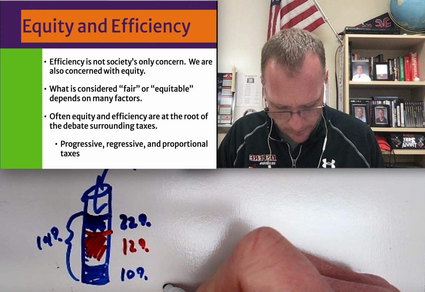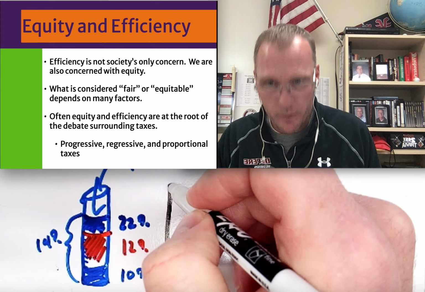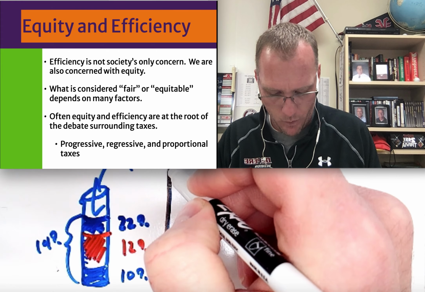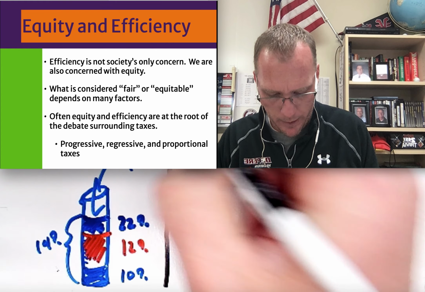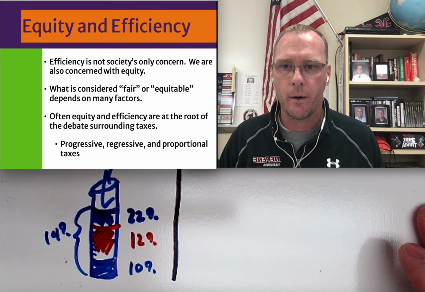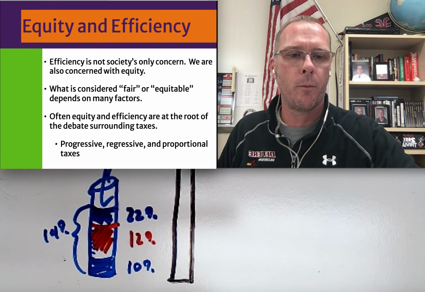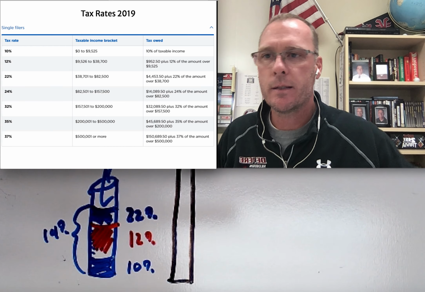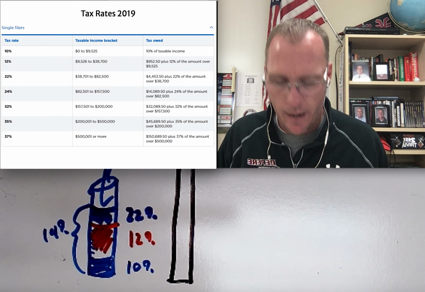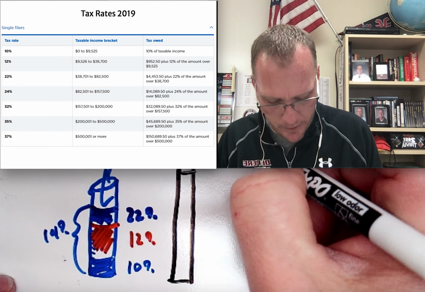Well, if we take this cylinder and we go up and let's say you made a lot of money, like a whole bunch of money, like whoa, way up here, right? If you make all this money, if you remember from your tax rates, the tax rate on anything over $500,000 is like 37% in taxes, right?